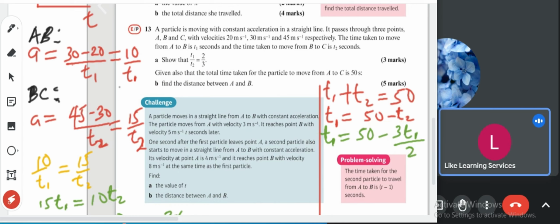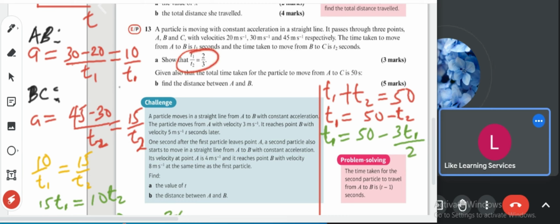Now look at the question. Read the question we are solving. Find the distance between A and B. We need the time between A and B so that we can find the distance. Did you get that? We didn't find the value of T1. What we are given is T1 over T2 equal to 2 over 3.